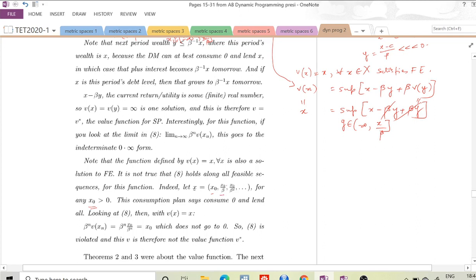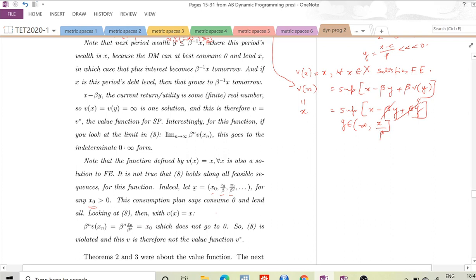Then I lend all of this. So next period, my wealth grows to x naught by beta divided by beta. And so forth. That's a feasible plan. Okay. But then what is beta to the n V of xn? It's beta to the n times x naught by beta to the n. That's x naught. It doesn't go to 0.